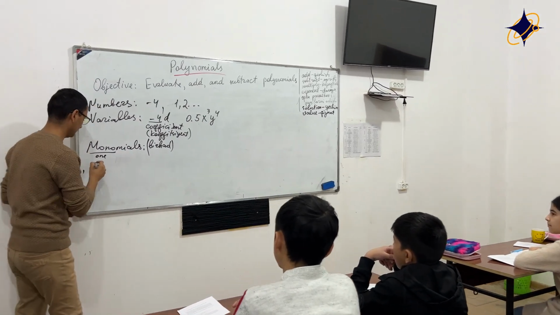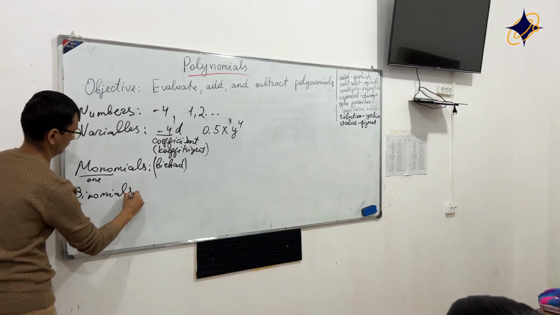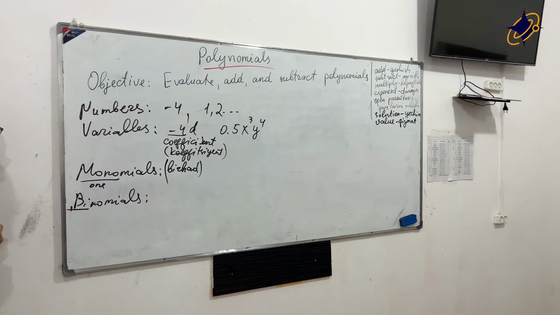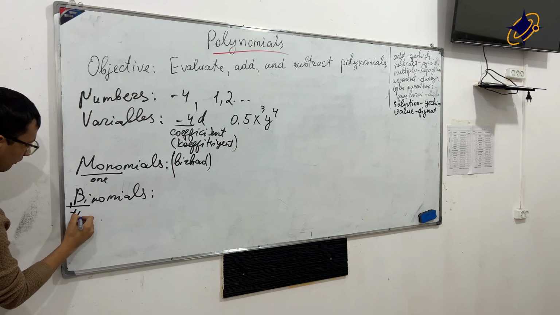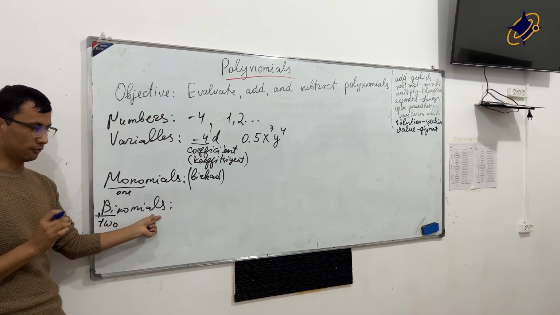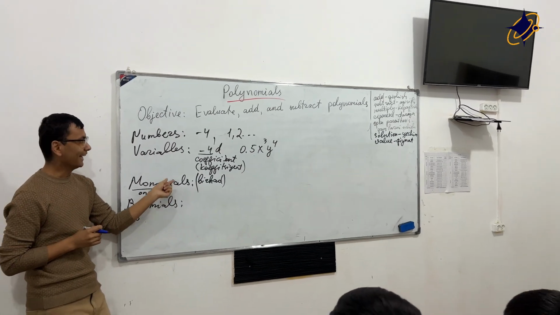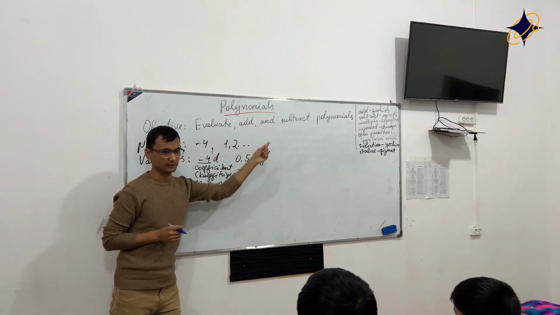And then binomials. The word bi means two. Binomials consist of two monomials, and we add or subtract them.